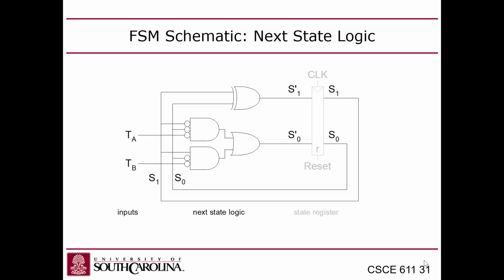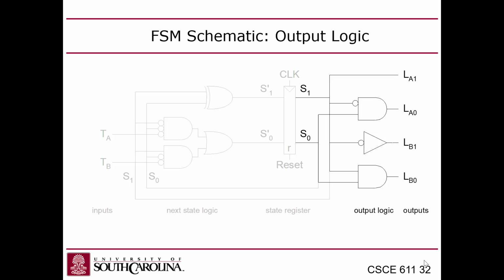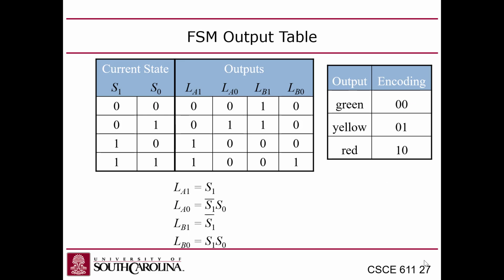So that's the next state logic, and then the output logic is shown on the right-hand side. This will give you the 4 output values, which is 2 bits per light value, and these gates were set up according to this Boolean logic, which came from the truth table.